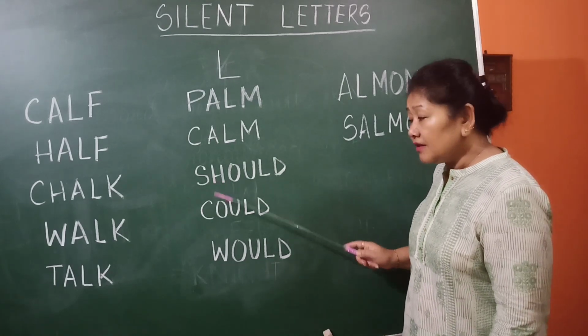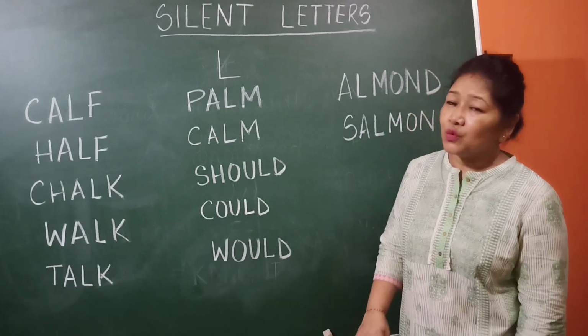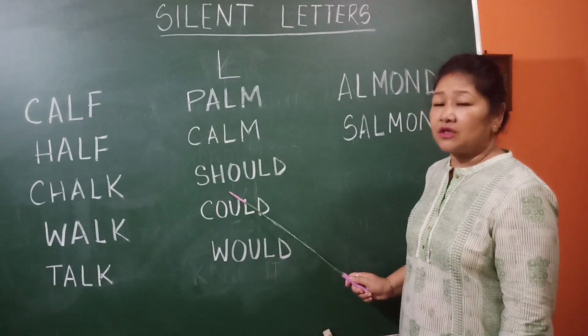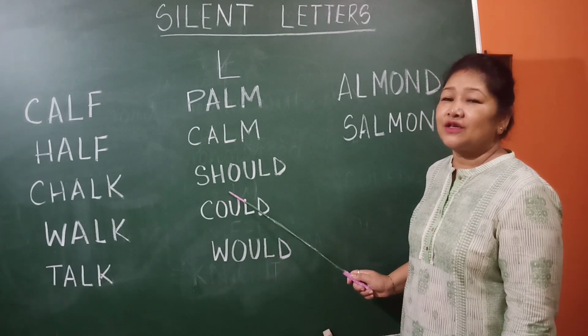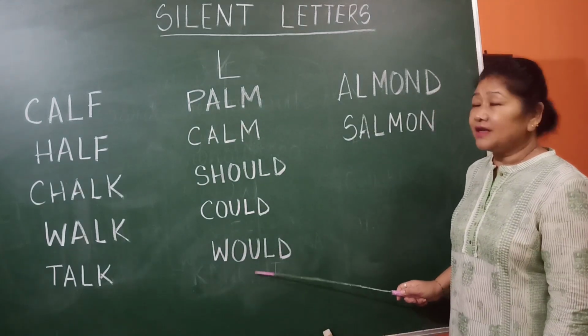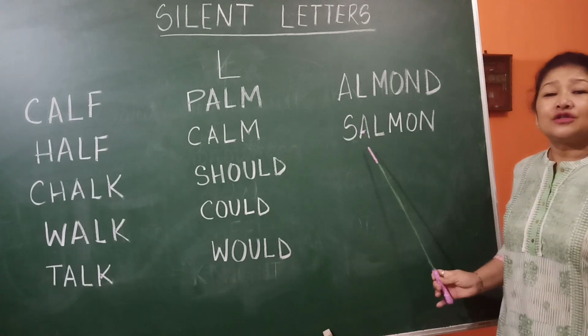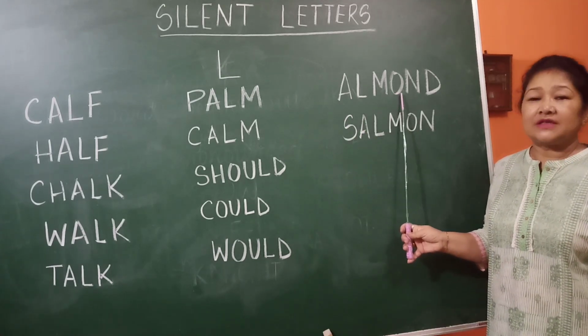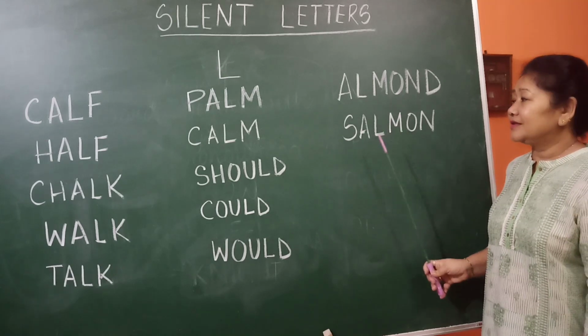Even in these words, we don't pronounce the L. Should, could, would. Now let us see these two words: almond, salmon.